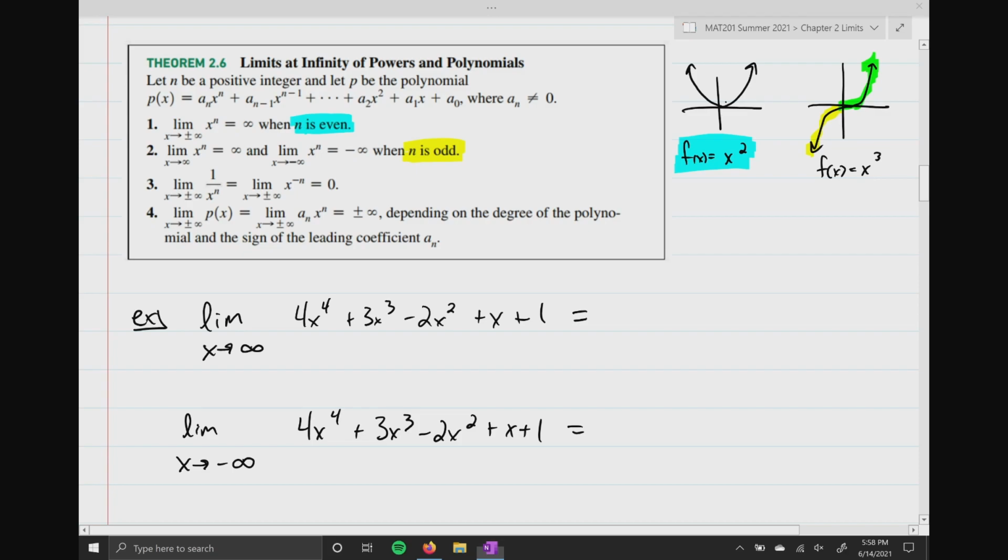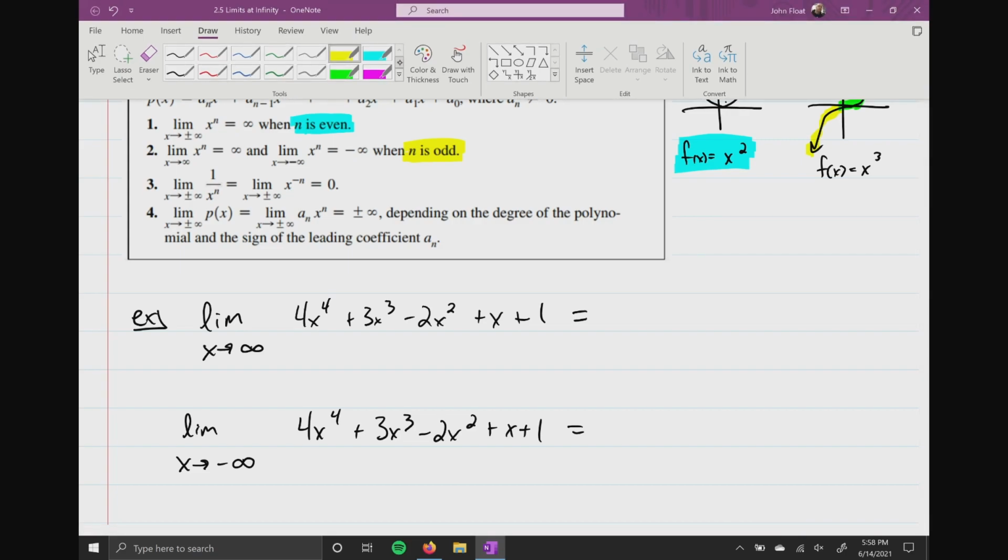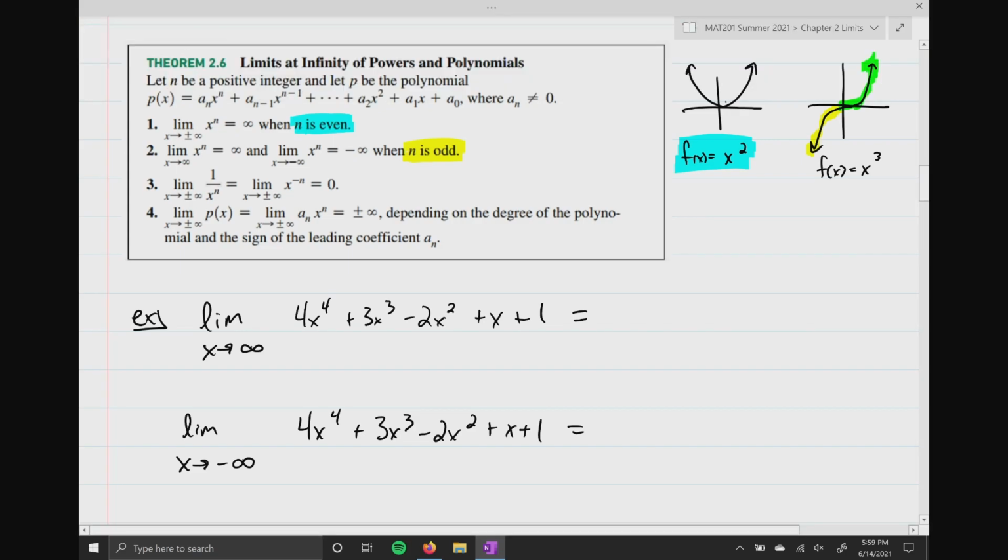Number three is just an extension of the negative exponent rule. In other words, the limit as x goes to positive or negative infinity of 1 over x to the n. Another way to say that is the limit as x goes to plus or minus infinity of x to the negative n equals 0. So what we're really saying here is this.